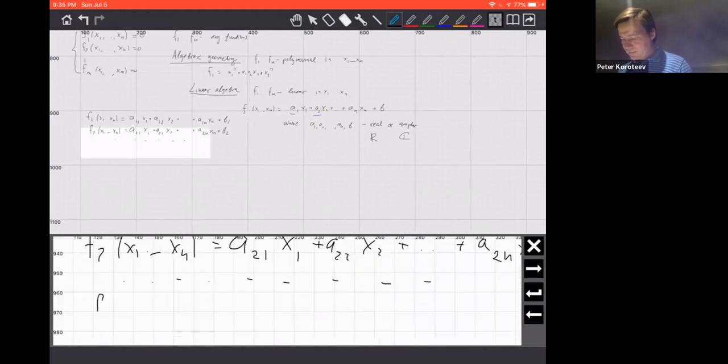And then the last one, fm of x1 through xn, am1 x1 plus am2 x2 plus etc. plus amn xn plus bm.